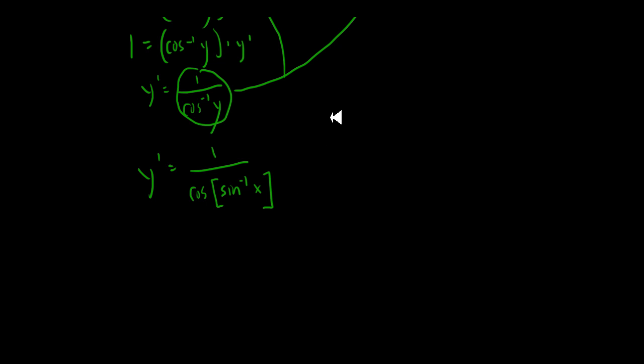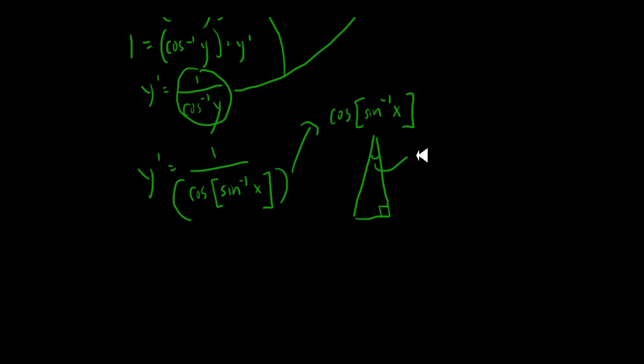There we go. Now, when you have this sort of problem, look at the denominator: cosine of sine negative 1 x. Usually it would be easiest to draw a triangle. So that would be sine negative 1 of x, the arc sine x. I keep saying negative, I'm sorry about that.